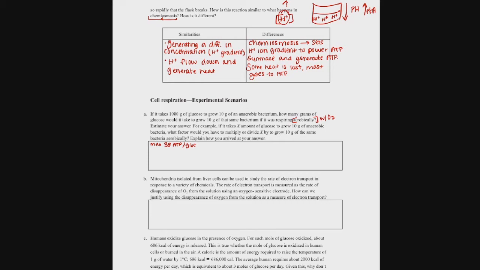Anaerobic respiration produces a max of 2 ATP per glucose. So as a result, we could say that aerobic respiration is about 9 times more efficient.